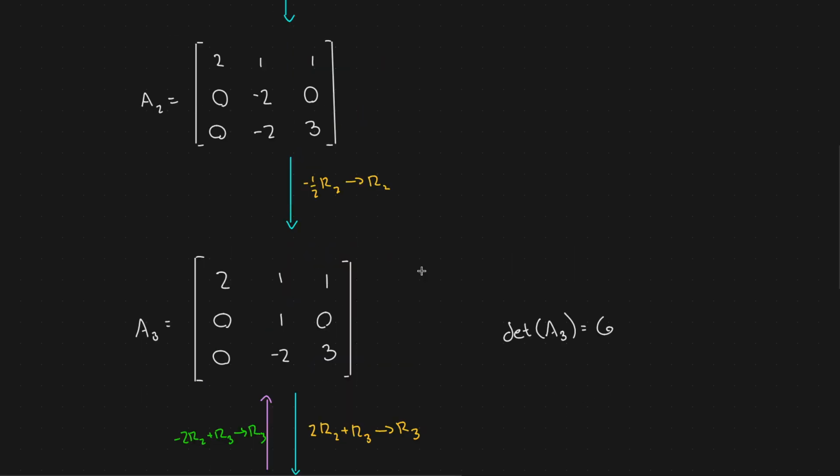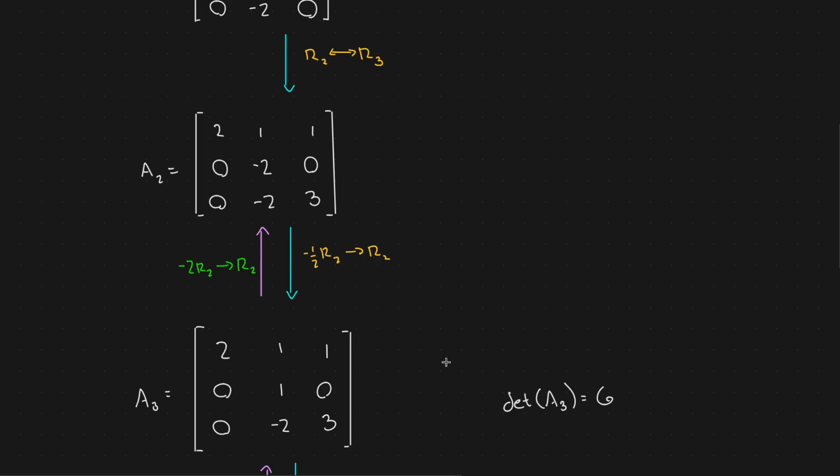How about going from A3 to A2? In order to go from A3 to A2, I need to invert this row operation. Here I multiply by -1/2. The opposite of multiplying a row by -1/2 is multiplying a row by -2, right? So -2 row 2 is my new row 2. Okay, so what does this row operation do to the determinant?